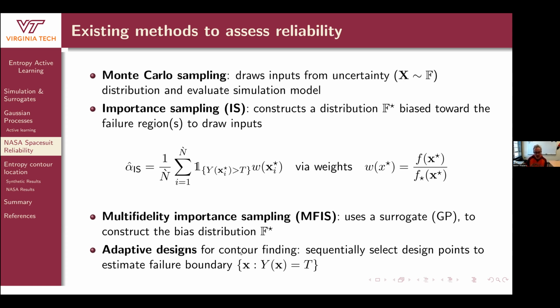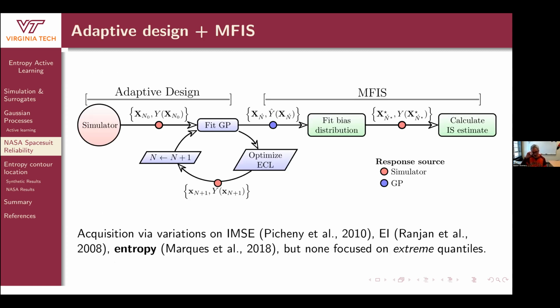So we're hinting at an acquisition function, one that would target a contour, that would target the boundary between failure and non-failure, and that would help us develop a distribution that will give us more accurate estimates of the probability of failure for this spacesuit under the input distribution of interest. Okay, so I want to augment my cartoon here. This is the same cartoon in the middle here as we had before, but I've replaced it with something called ECL, which I'm going to introduce on the next slide.